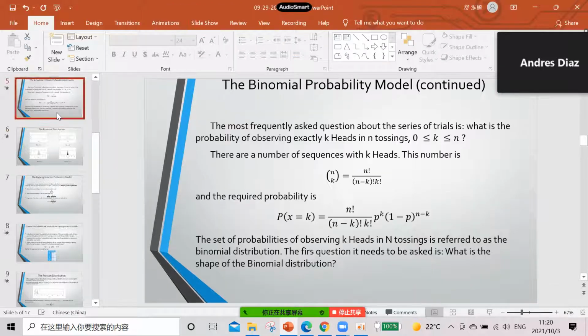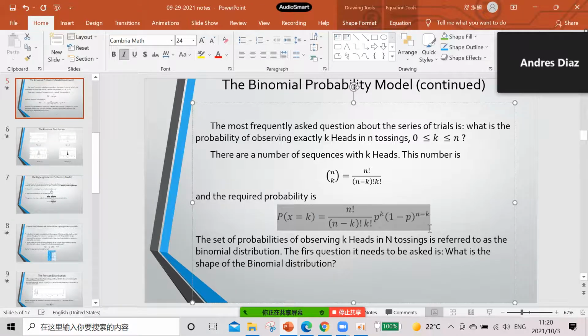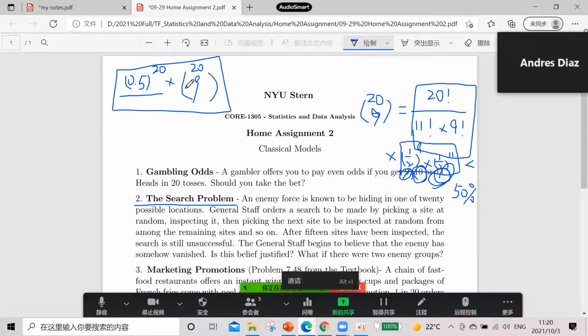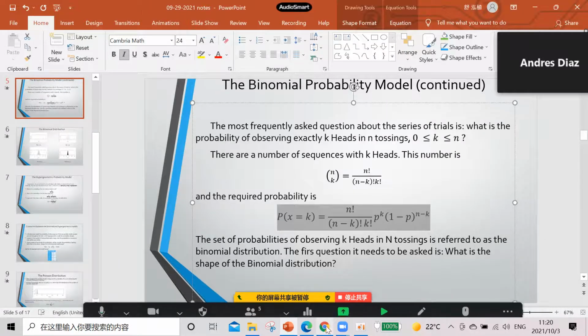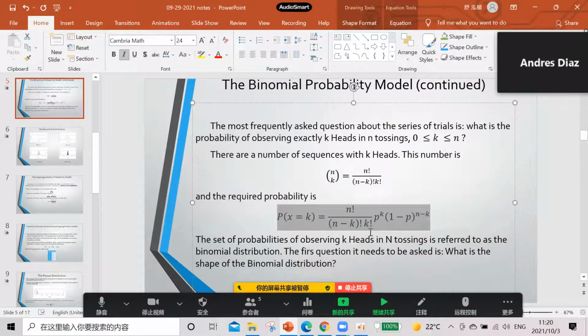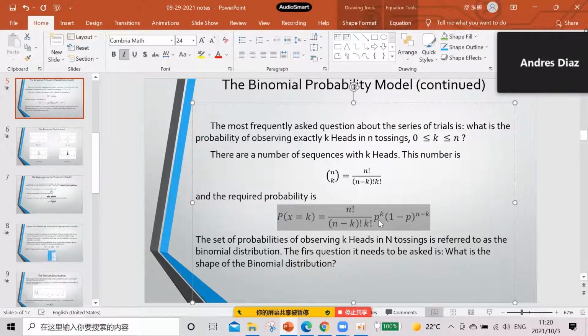These two are essentially the same. This one and this one are exactly the same. This p to the k, in the home assignment, p is 0.5, and here k is 9. n minus k is 11, because remember we need to find 9 heads and 11 tails. And 1 minus p is actually 0.5 as well, so this is 0.5 to the power of 20.